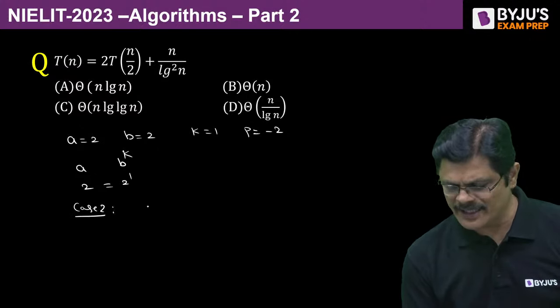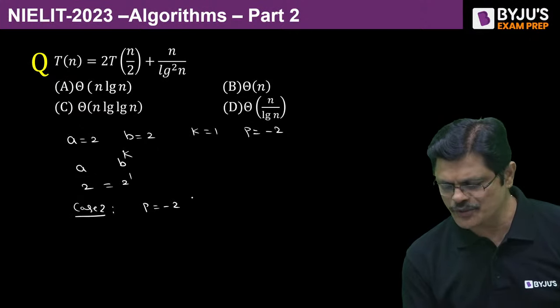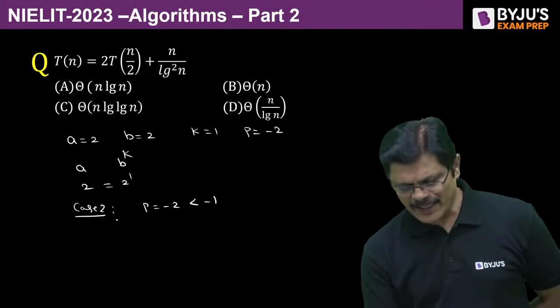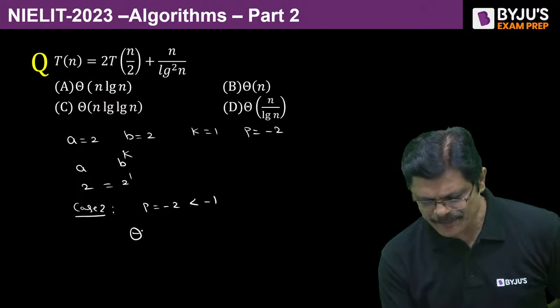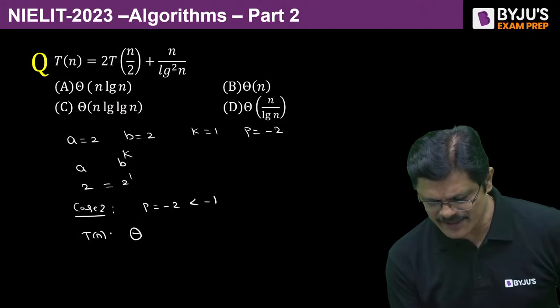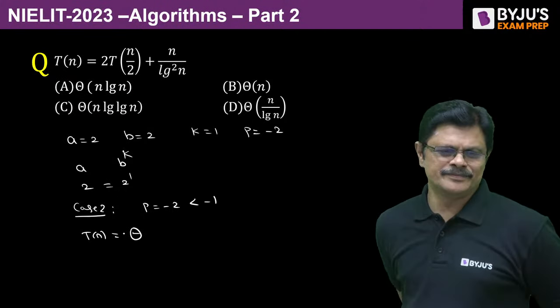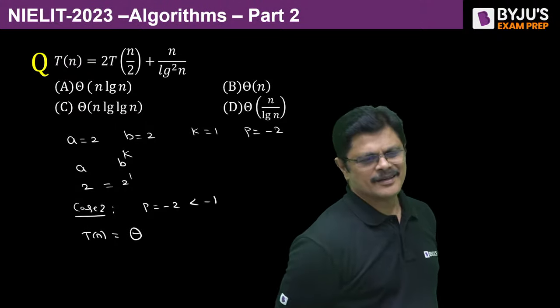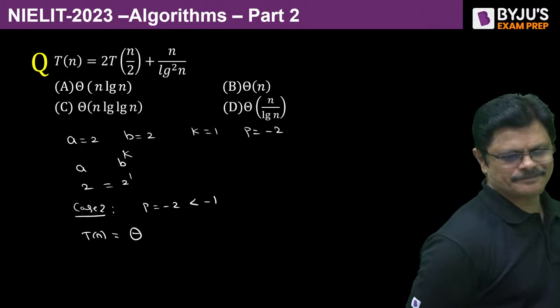And in this particular case, because P value is minus 2, which is less than minus 1, the third part, what is the answer for the third part?